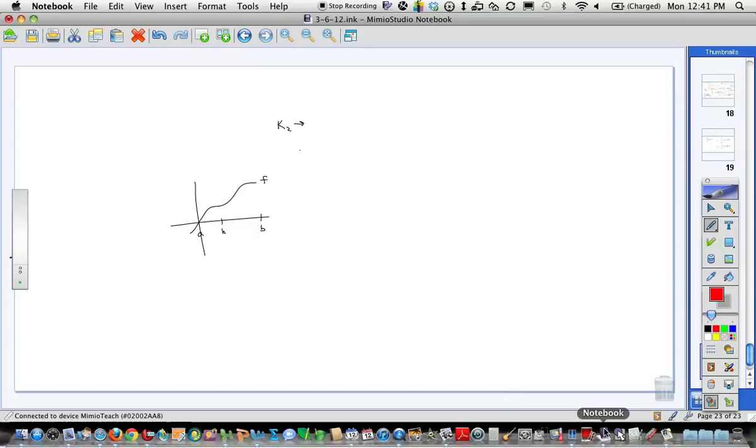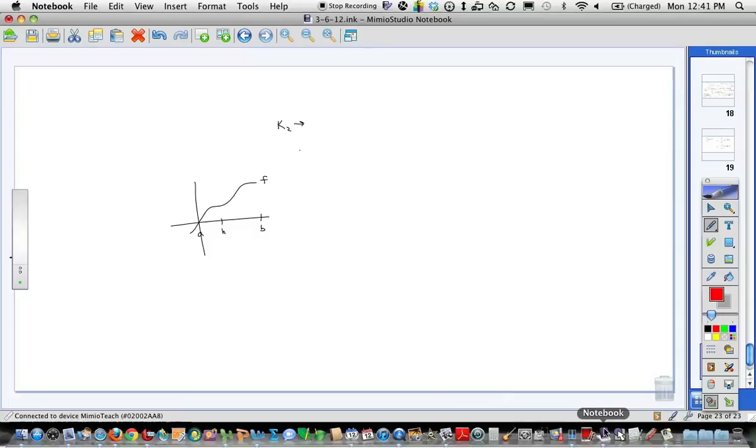Now, what determines how much a midpoint and a trapezoid is off? Concavity. The more curved it is, the more a midpoint and a trapezoid will be off. And K2, f double prime, measures that. So, same logic. We will go through here and find where f double prime has its largest value. That's when the curve curves the most.